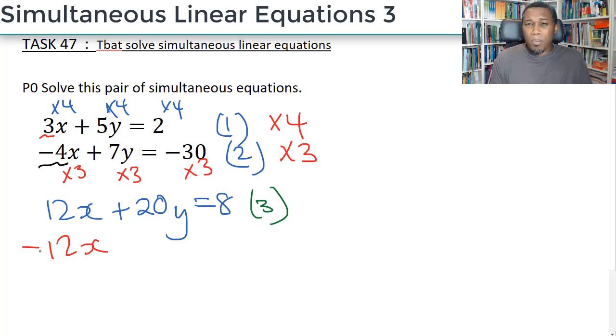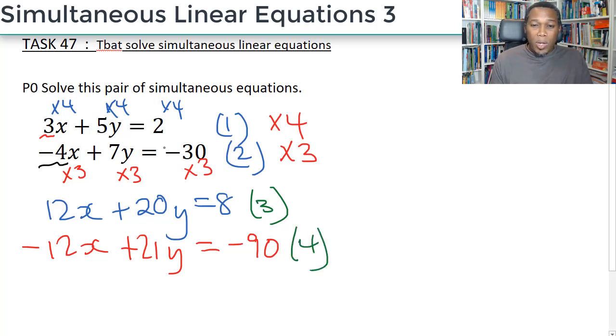We now ignore the minus sign for a moment. If we just think about the positive values of the coefficients, they're the same. 12x, 12x. 7 3s, that's 21, plus 21y, and then minus 30 times 3 is minus 90. And I will label this as equation 4.